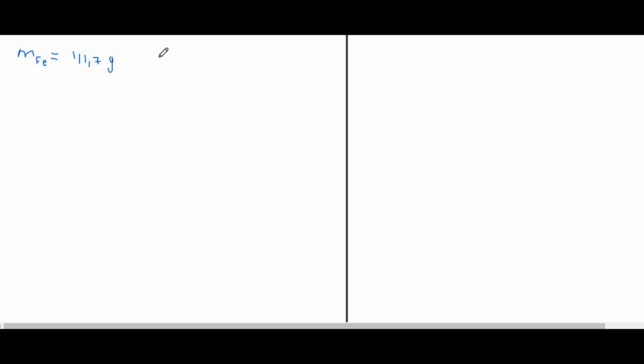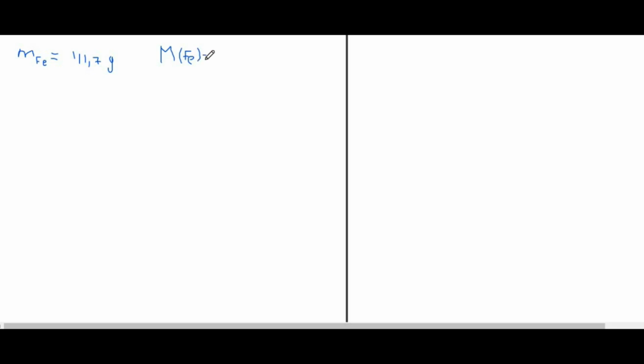And then I know that I can look at my periodic table. Normally you are given a periodic table at the back of your question paper, and find my molar mass, big letter M, the molar mass of iron.